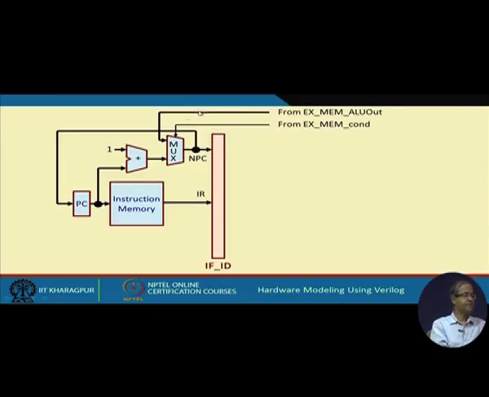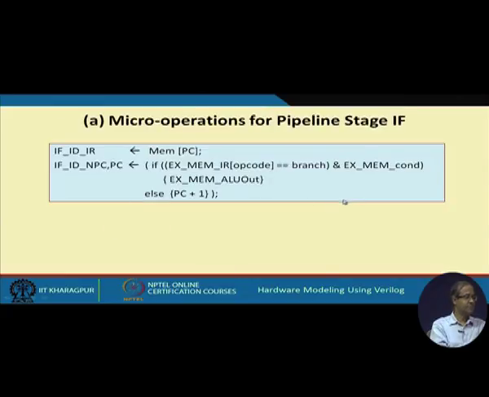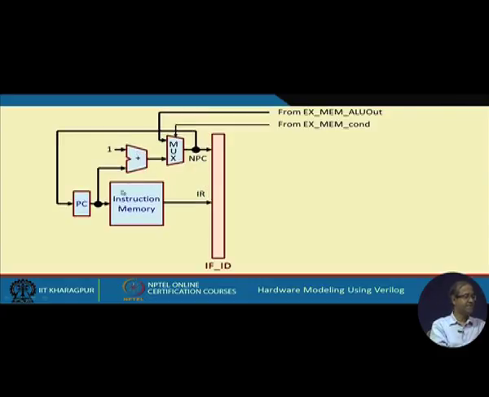You are just calculating the NPC accordingly, and after calculating NPC, that same value also goes to PC. You see, PC and NPC both are getting the same values. Else, if cond is not true, then the lower input will be selected from the multiplexer, that is PC plus 1, and that PC plus 1 will go back to PC.